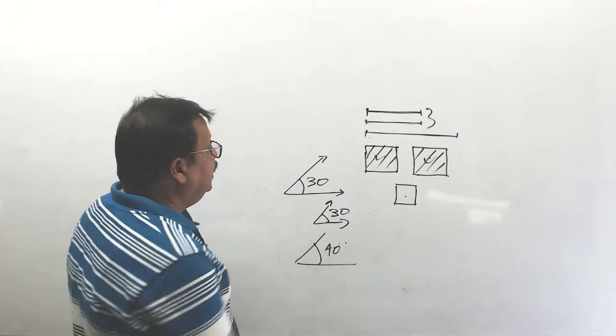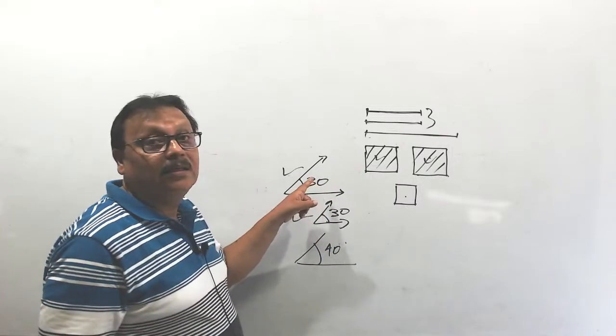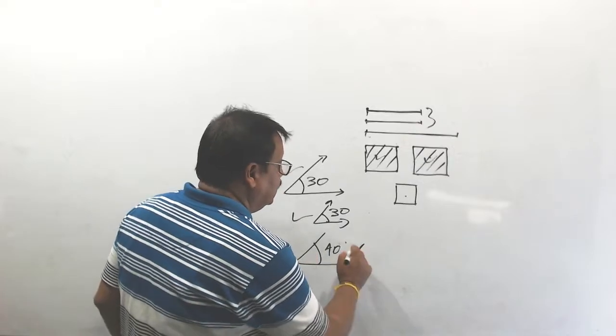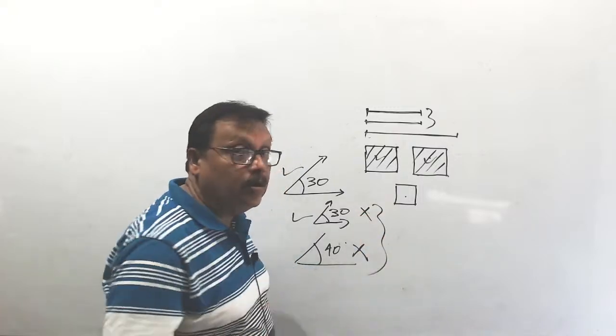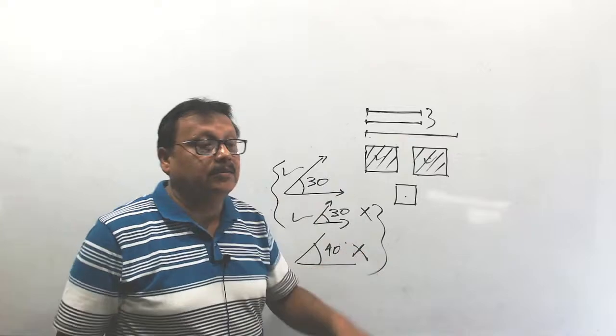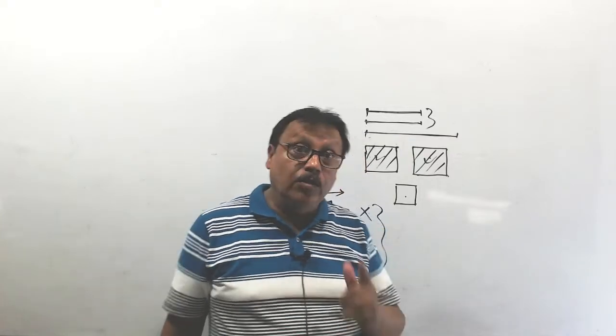Which are congruent here? This angle and this angle are congruent because the measure is 30, 30, but here it is 40. So these and these are not congruent. If you compare these two 30 degree, 30 degree, they are congruent. I think clear? Okay, congruent figures.